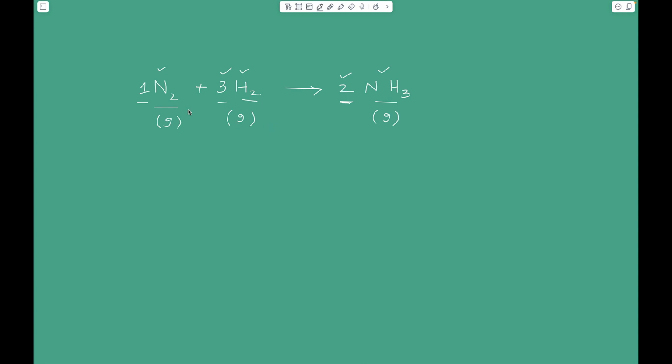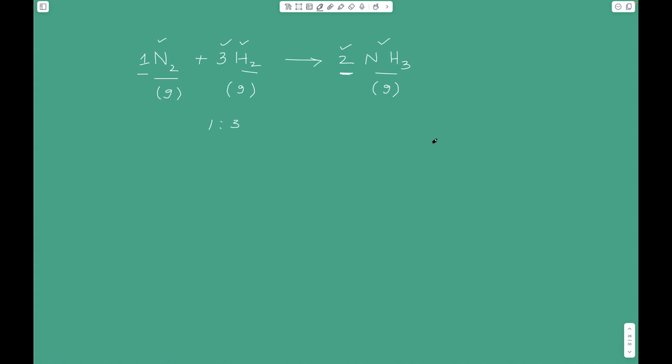So, if the number of molecules of nitrogen and hydrogen in the samples that you are combining are in the ratio of 1 to 3 respectively, then all the nitrogen and hydrogen that you took will completely combine with one another to form ammonia without leaving any leftovers, assuming the reaction goes to completion.